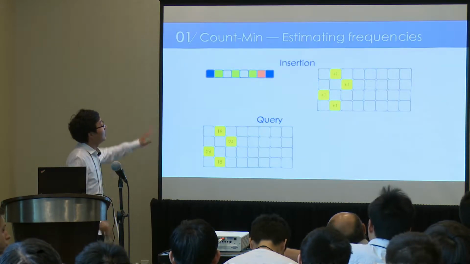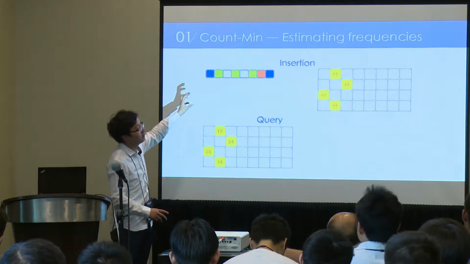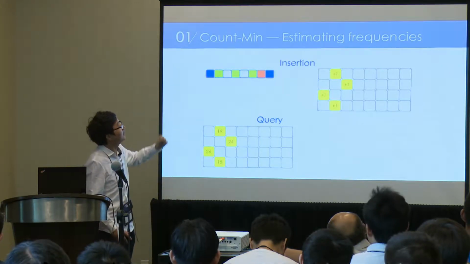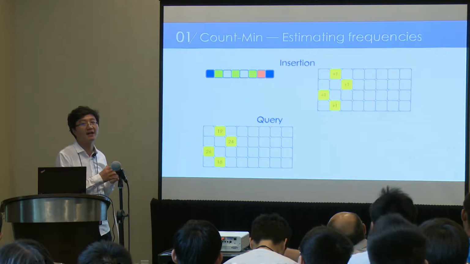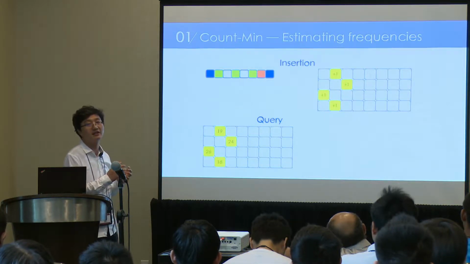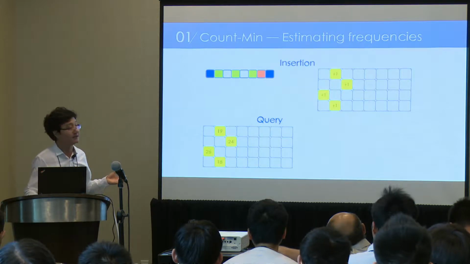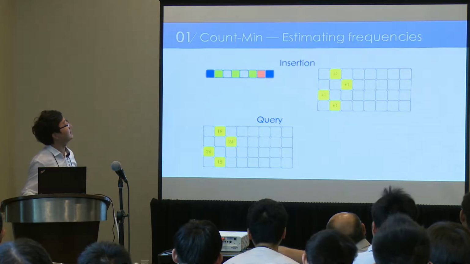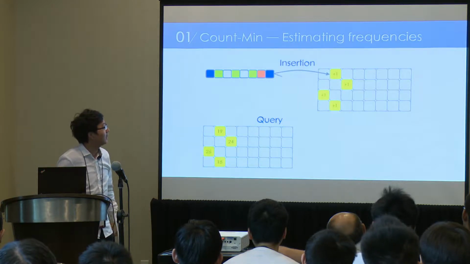Okay, this is a data stream, so for each element, we use a color. The elements with the same color are the same element. So each element, or we call it each item, could appear more than once. The most widely used sketch is the CM sketch, Count-Min, and we show how it works.